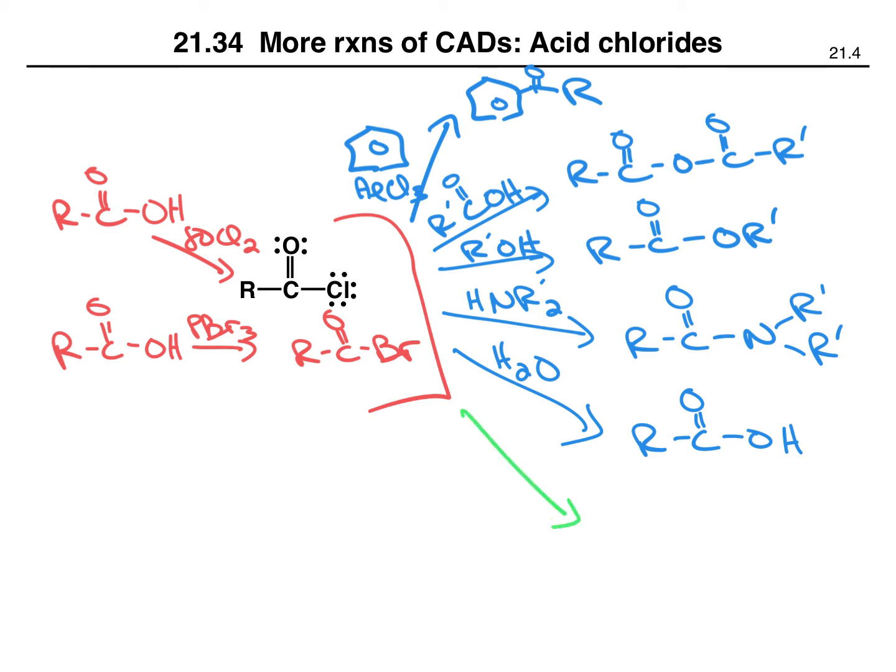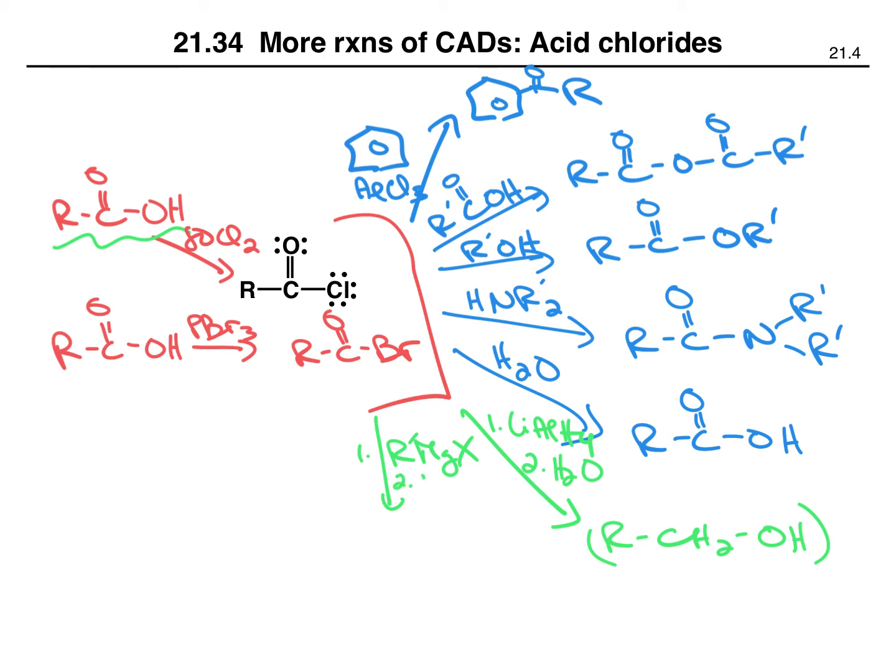So acid chlorides can be reduced. So lithium aluminum hydride followed by water, and that would give us an alcohol. This is not really useful because once again we could have just reduced our acid rather than going through an extra step. These can be treated with a Grignard.